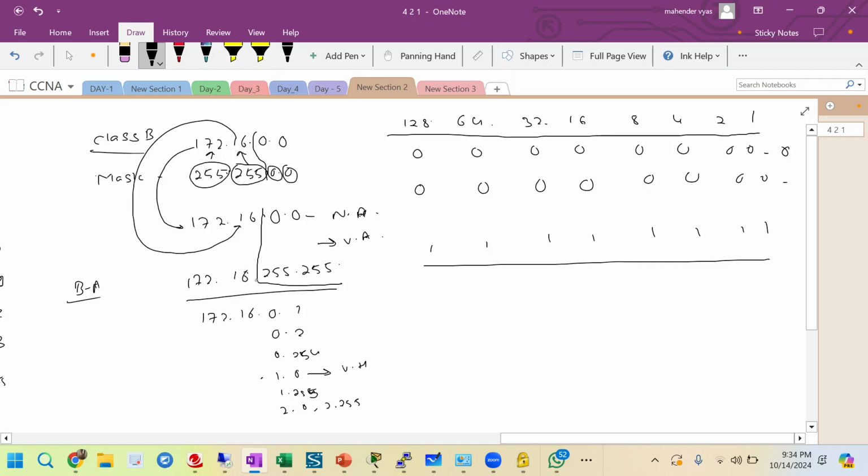So it will come 1.0, then 2.0, 2.255, 3.0, then 3.255, 4.0, 4.255. Whatever the host bits are, we have to consider that. Correct, yes, I got it.